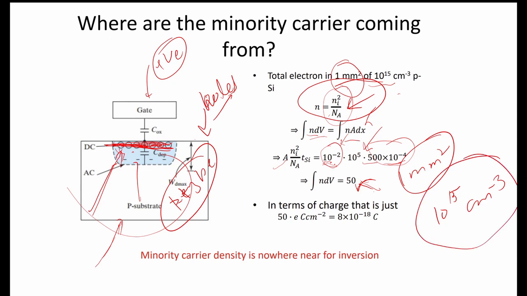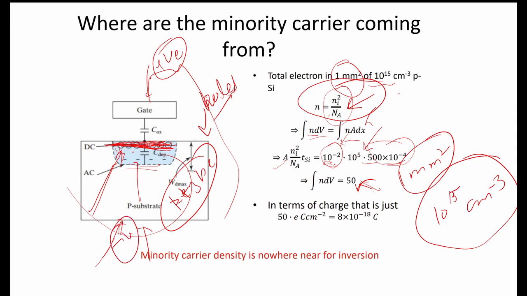So from where are these electrons coming, because we do not have that sufficient number of electrons in the substrate itself. Okay, so here we are applying a positive bias, here we are applying a negative.